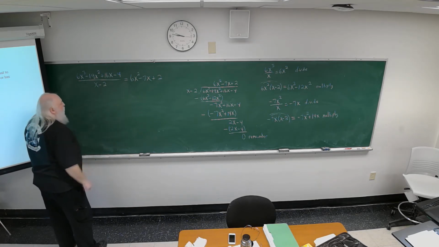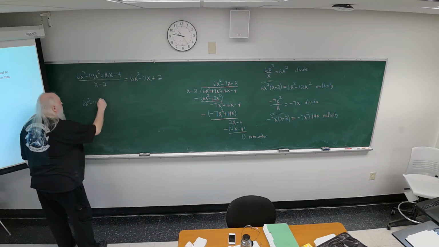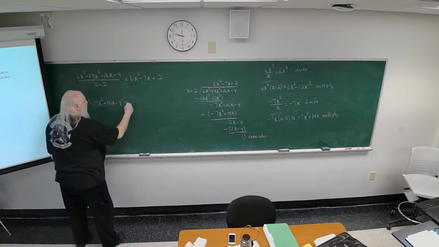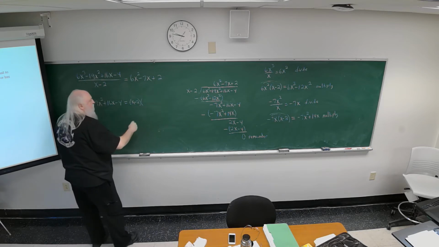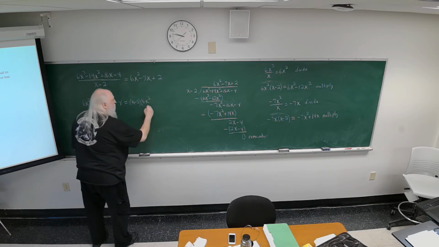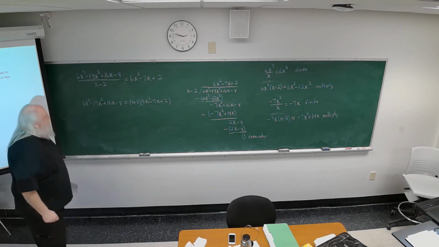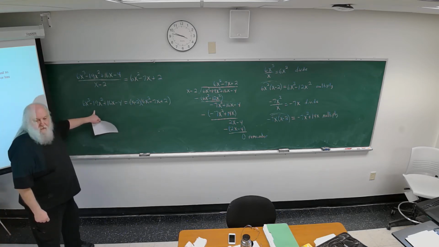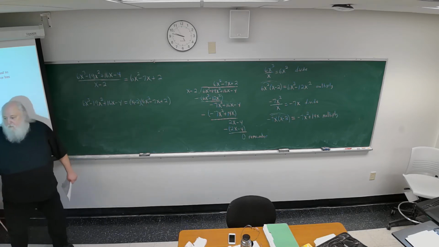And now if I multiply both sides by the divisor, x minus 2, we have our third degree polynomial equal to the divisor, x minus 2, times the quotient from the long division. So x minus 2 is a factor of this third degree polynomial, and this quadratic is a factor of that third degree polynomial.